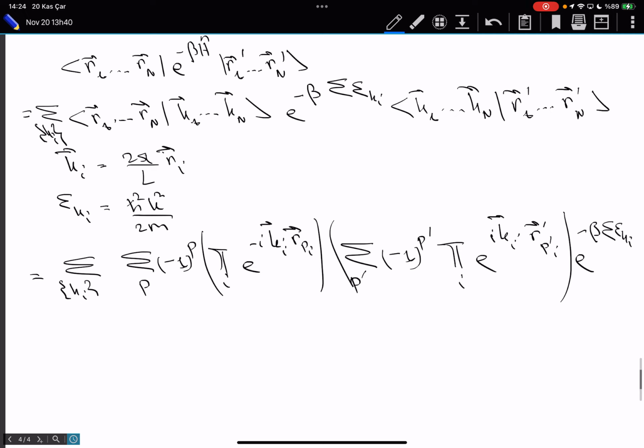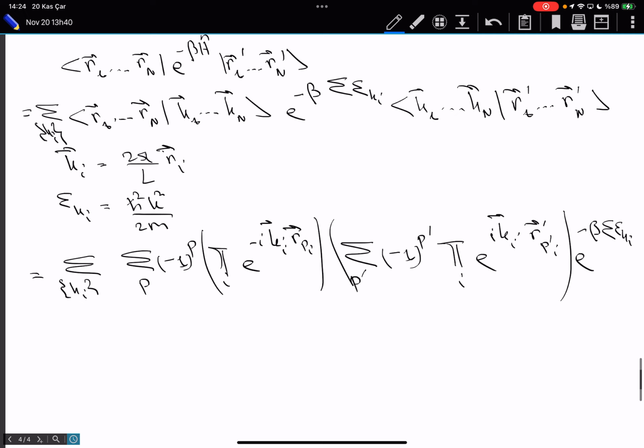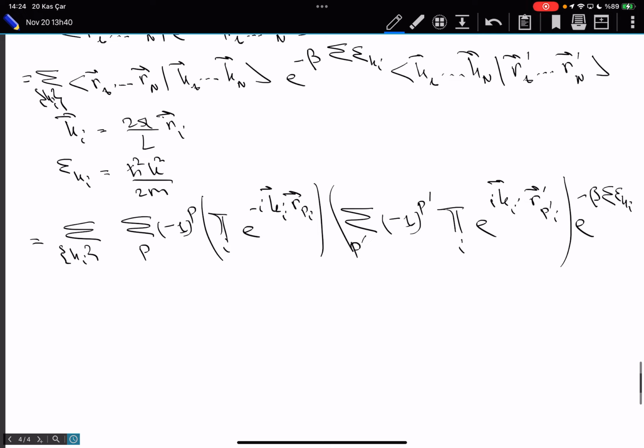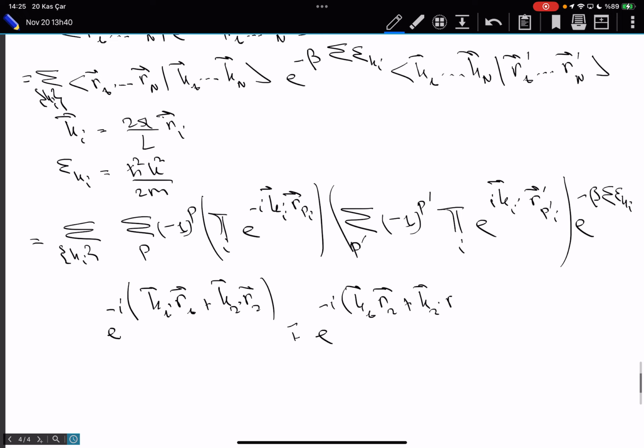Okay, the first thing I will do is let me move that permutation from the coordinate to momentum. Well, you see, for two particles, if you look at the first product, it is K1 R1 plus... e to the power minus i K1 R1 plus K2 R2, plus or minus e to the power minus i K1 R2 plus K2 R1.